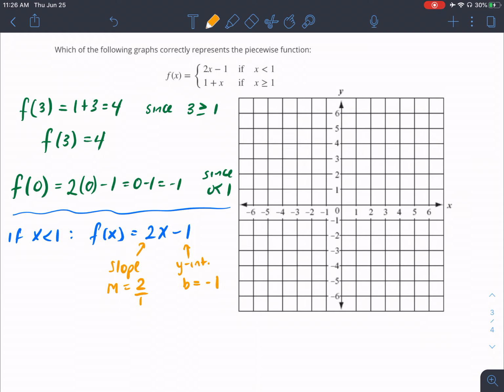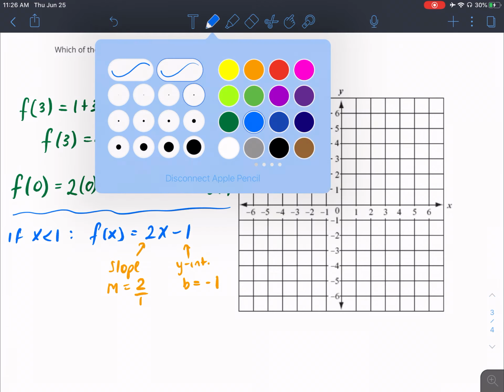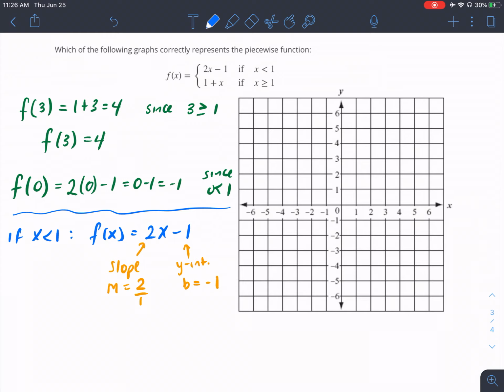So that tells me where to start in my graph. So if I wanted to graph this one here, I'm going to start at my y-intercept, which is negative 1, which is right here. And my slope says go up 2, so 1, 2 over 1. And I'm going to keep doing that. And then up 2 over 1. So I would keep doing that.